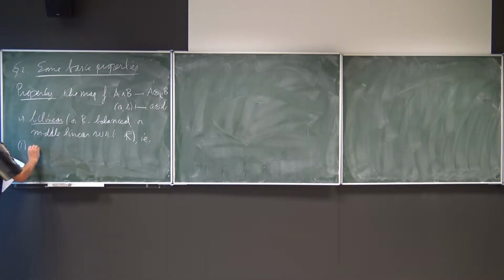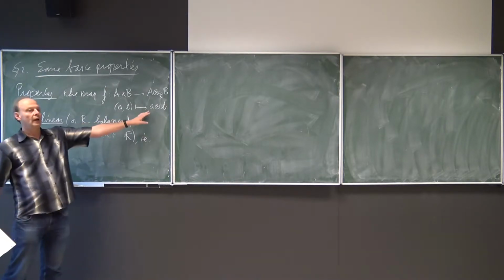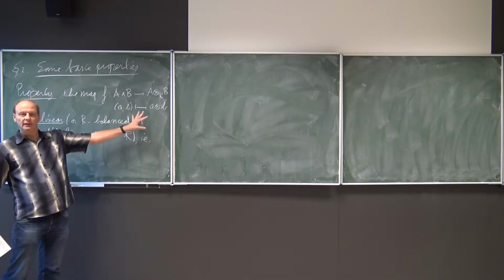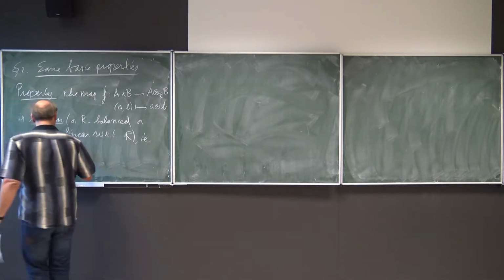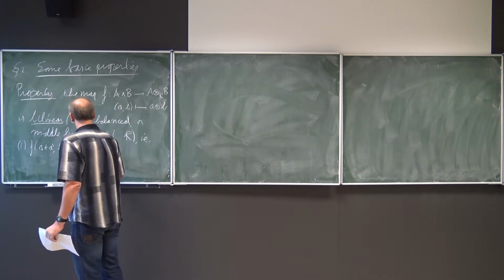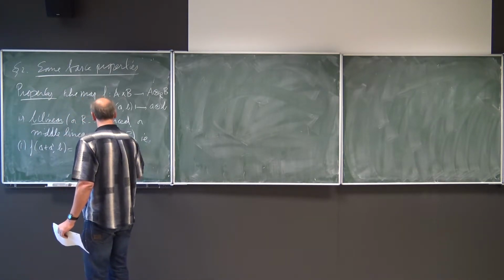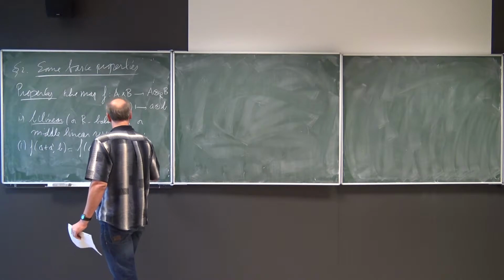Well, it has three properties that we simply imposed. If I look at f of (a plus a', b), well, this will map to (a plus a') tensor b, but I could work this out, because that was the first relation I imposed, into a tensor b plus a' tensor b. And that is then the same as f of (a, b) plus f of (a', b).